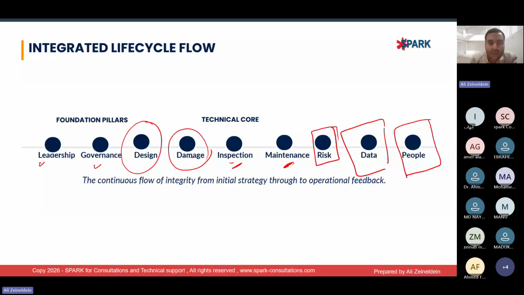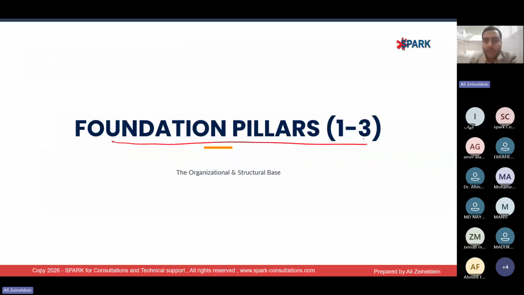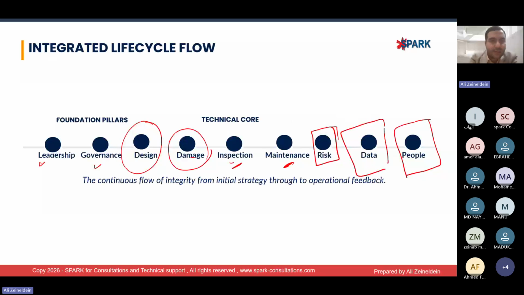So for the foundation pillars from 1 to 3, this is the technical core.